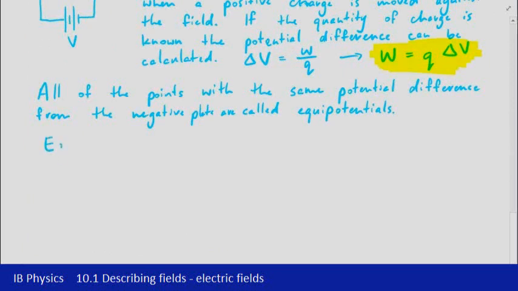Now, there are a few key points that we need to make about equipotential surfaces, and they are as follows. The first one, as we've already just identified, is that they link points that have the same electric potential.